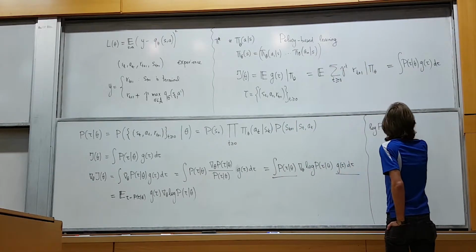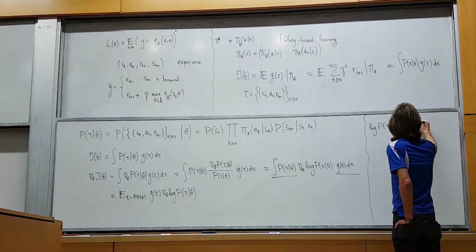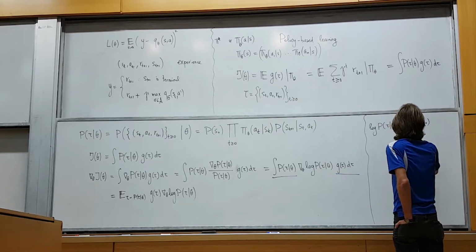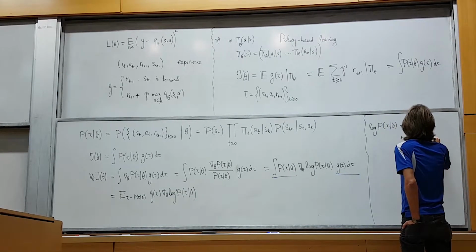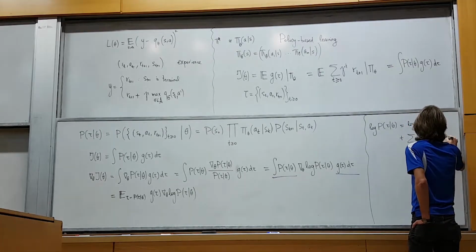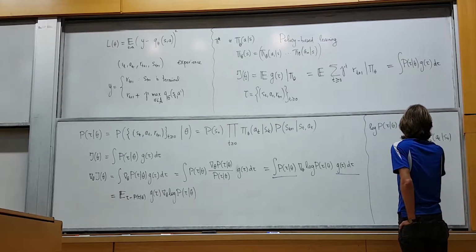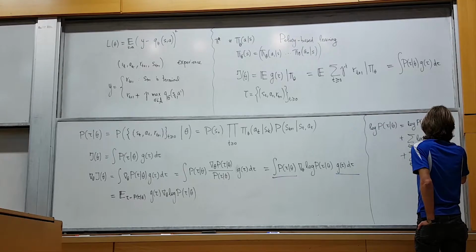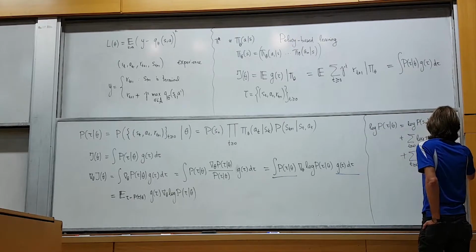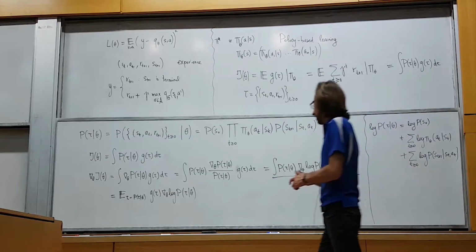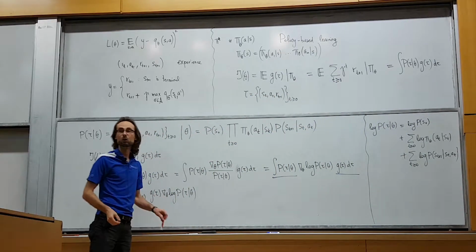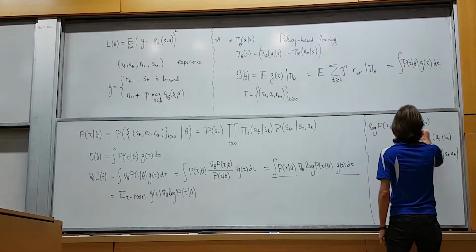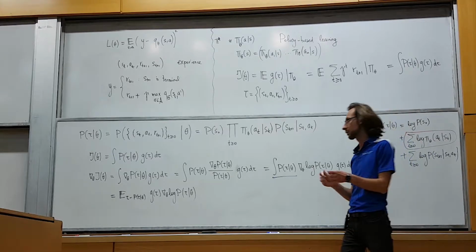So we have log p s 0 plus sum over t of log pi theta a t given s t plus sum over t of log p s t plus 1 given s t, a t. Okay? And pay attention that out of these three terms, two terms are constant in theta. Just the second term depends on theta. Okay? Basically only this term remains in the gradient.